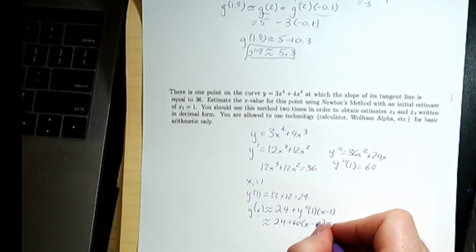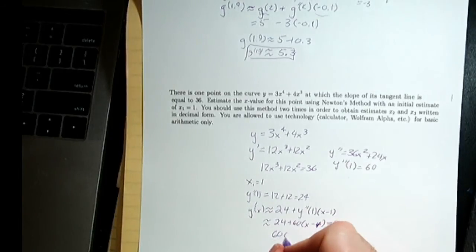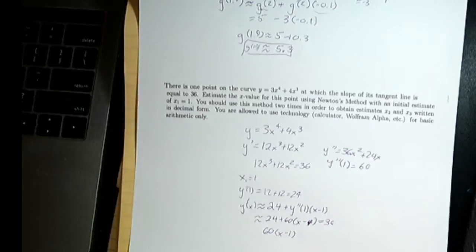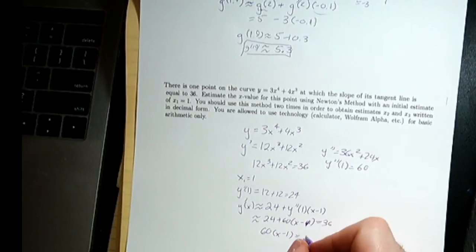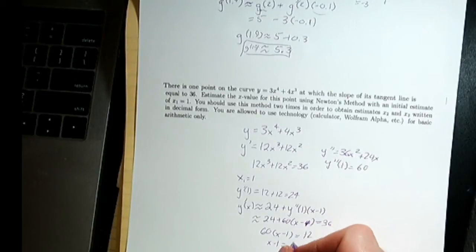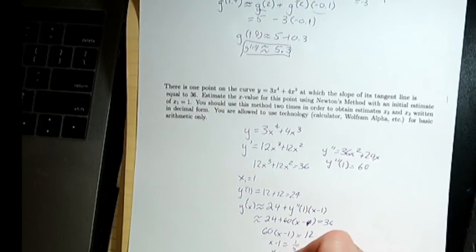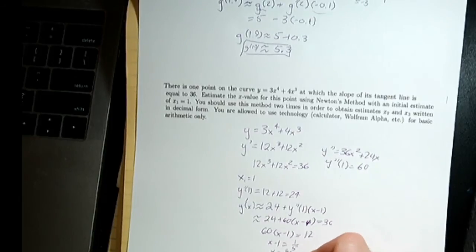And we want to know, when is that 36? So we can solve. 60 times x minus 1 is equal to 12, or x minus 1 is equal to 12 over 60, or 1/5. So x is equal to 6/5. And that's our x2.